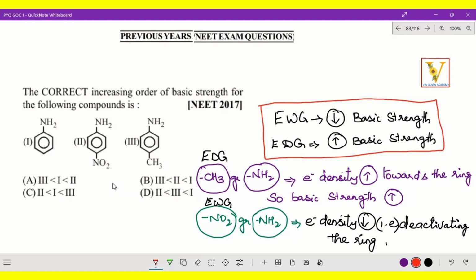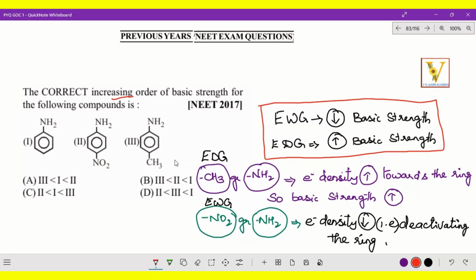Now, the next question, basic strength. Acidic strength, basic strength, common questions. The correct increasing order of basic strength for the following compounds. Here NH2, NH2NO2, and NH2CH3. If you want to identify acidic strength, you have to check where an electronegative group or electron withdrawing group is available.